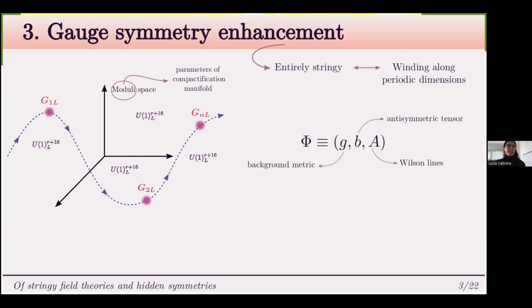So what's the anatomy of a moduli point, let's say? We're going to encode them into this phi, and they will be the background metric, the antisymmetric tensor, as well as Wilson lines. And since we have three of them, we can think of these moduli as being in some three-dimensional moduli space, as I've tried to demonstrate with this diagram.